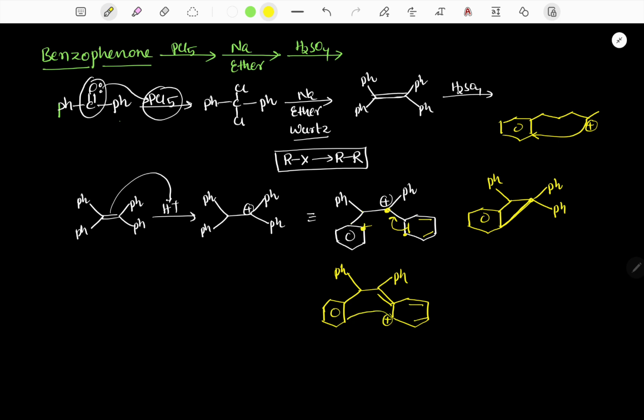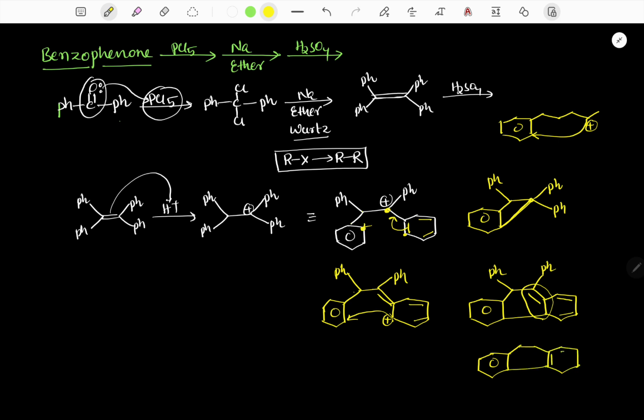Now this electrophile attacks on the benzene, 1, 2, 3, 4, 5, 6-member ring, and it is our final compound. Again it undergoes tautomerization to get aromaticity, and it is our final compound.